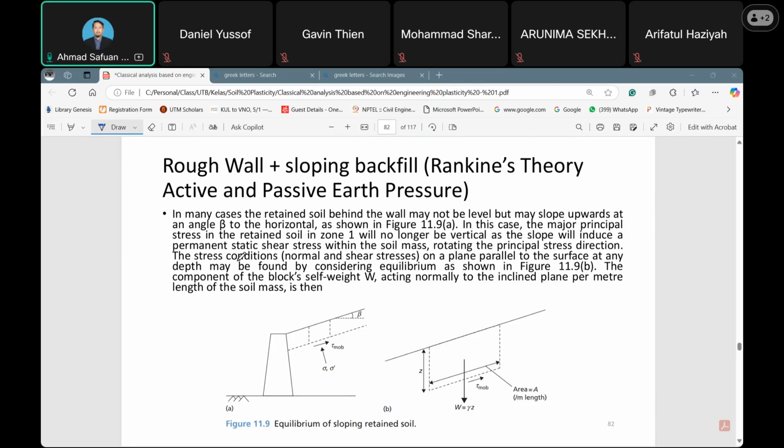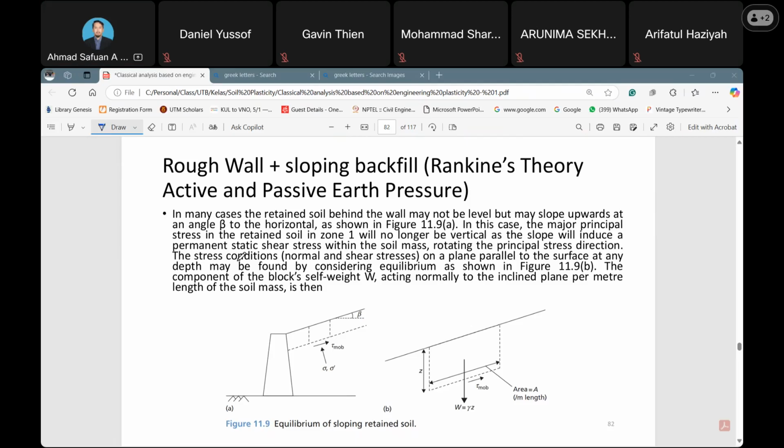In many cases the retained soil behind the wall may not be level, but may slope upwards at an angle beta to the horizontal as shown in figure 11.9.